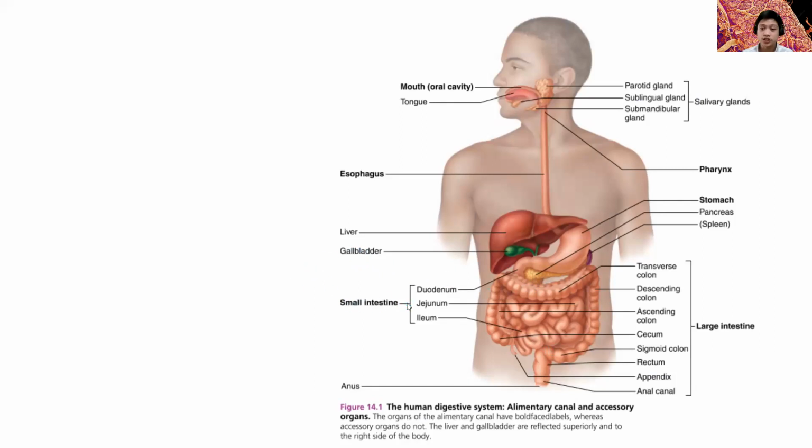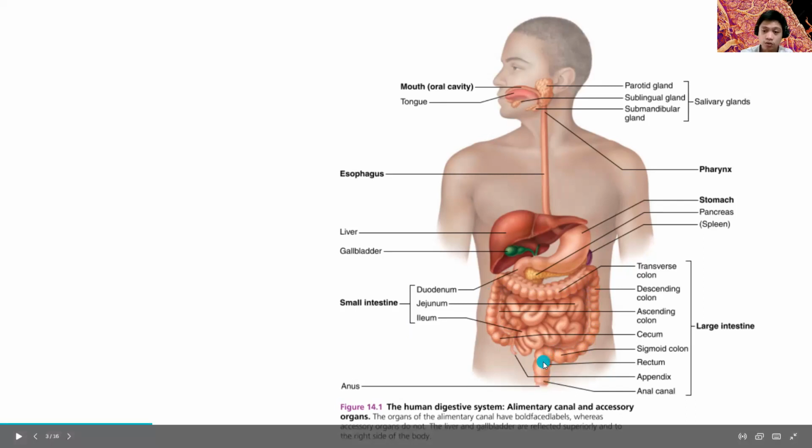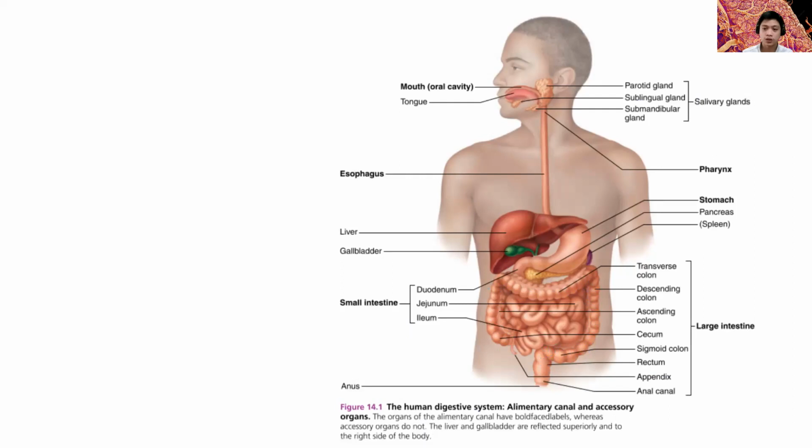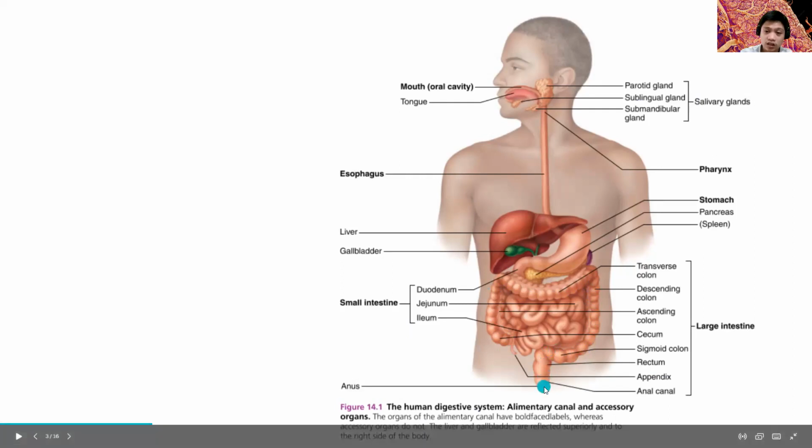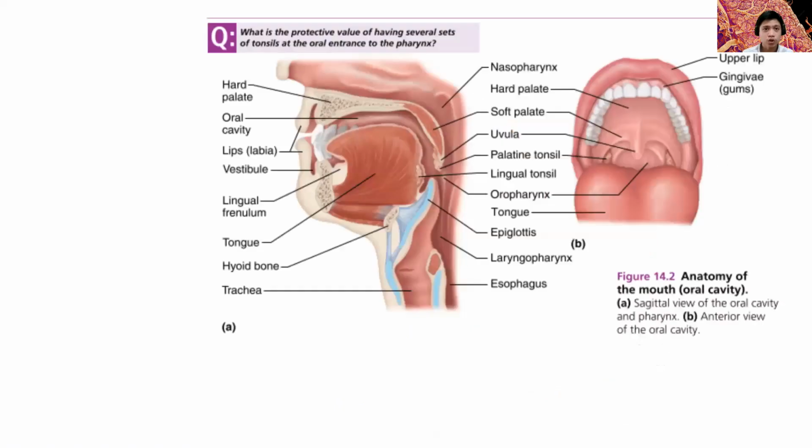And then you have the large intestines, which are composed of the ascending colon, transverse colon, because it goes transversely, descending colon, pababa na siya, and then you have the sigmoid colon, which is letter S in shape, and it's quite long. Then you have the rectum, which means straight, then you have the anus and the anal canal.